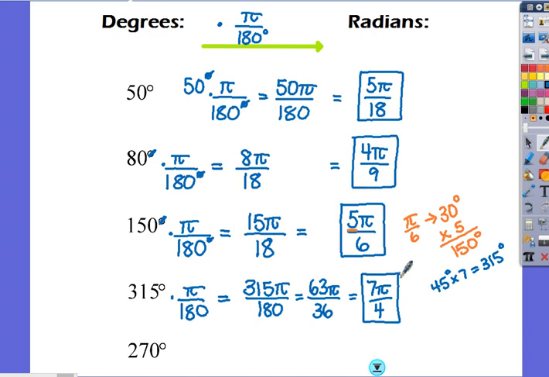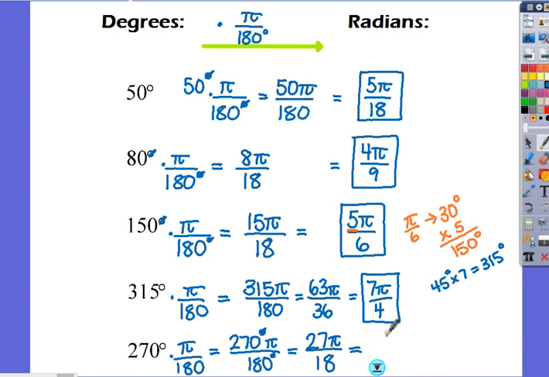And then 270, I kind of remember that one, because that's 3 90s, right? Would make 270. So the degrees cancel out. Divide both by 10.